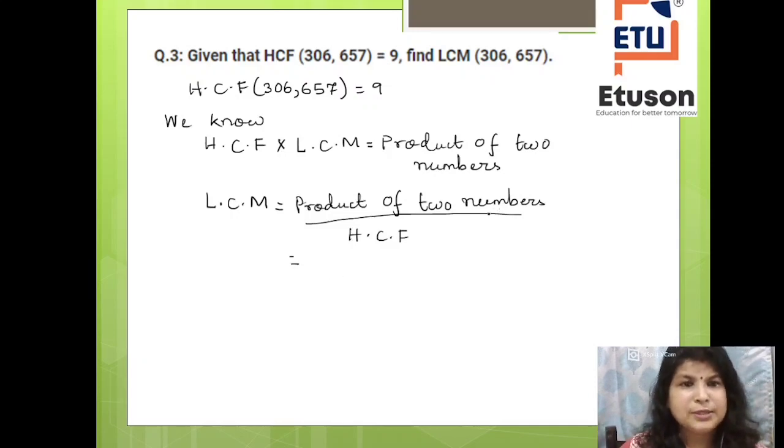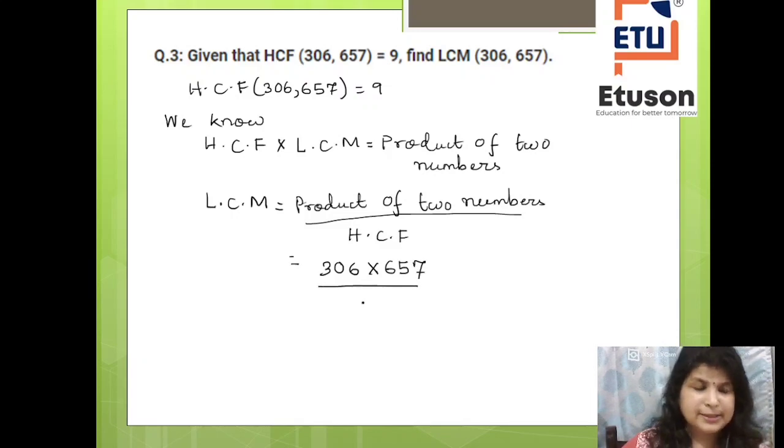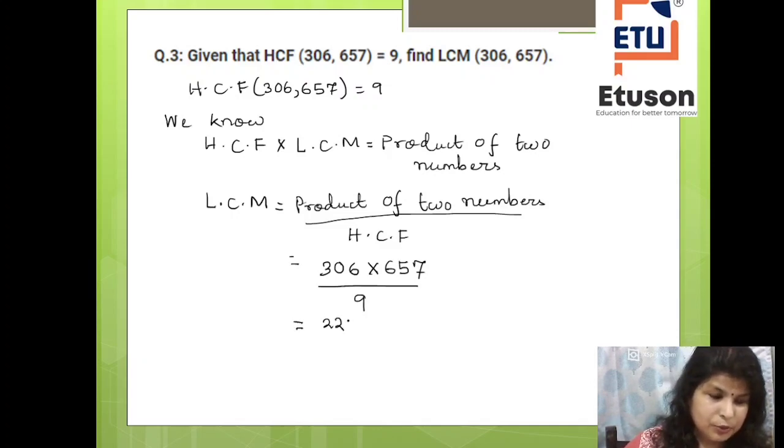So what are the numbers here? The numbers are 306 into 657. That becomes your numerator. And what about your HCF? HCF is equal to 9, which is given. So solving this, you will get the value as 22338.